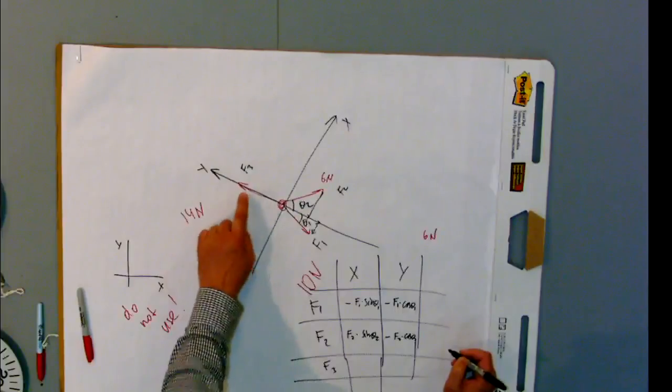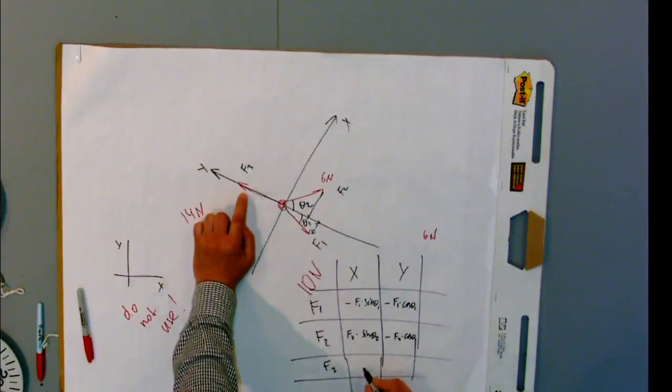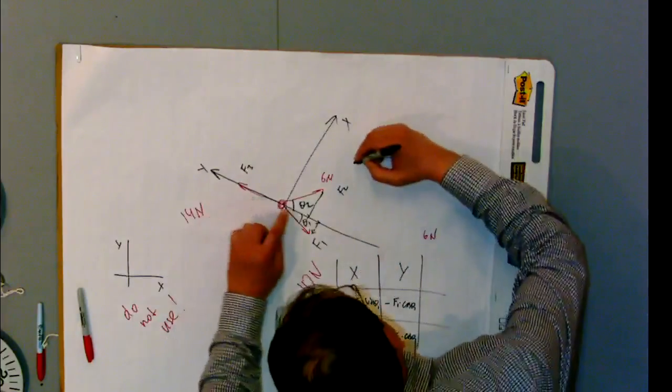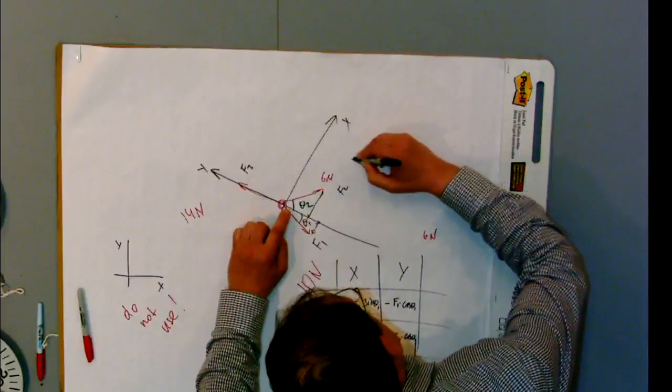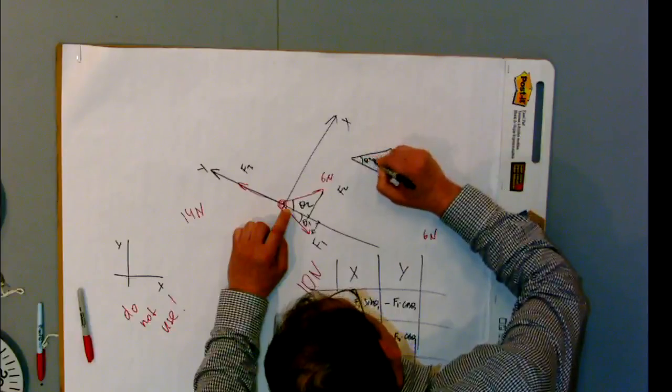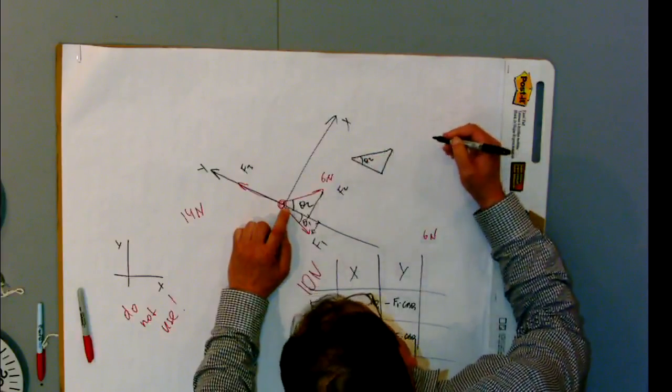Now what's good about this force? What number should I write for the x component? Check, this is my triangle, the triangle I use, and this is the angle I've introduced. I could have used a different angle, but I want to use this one.